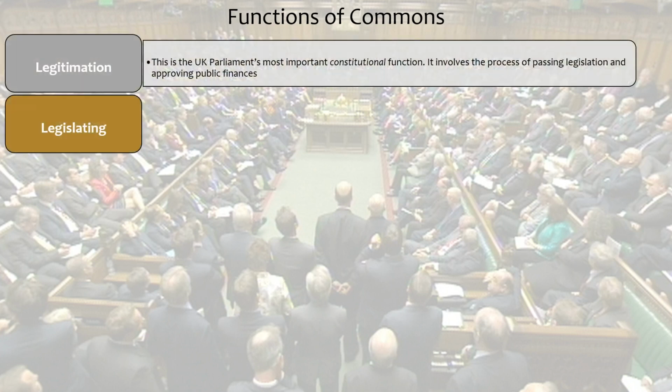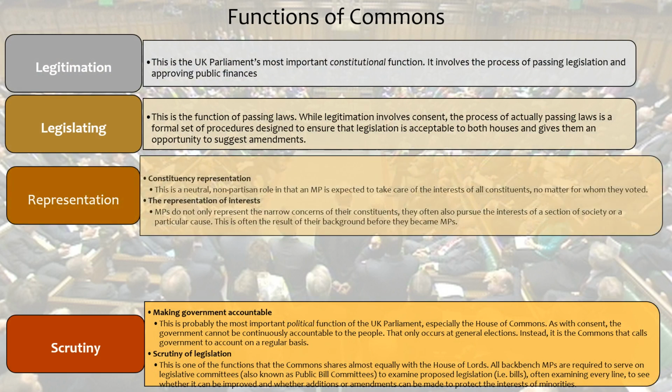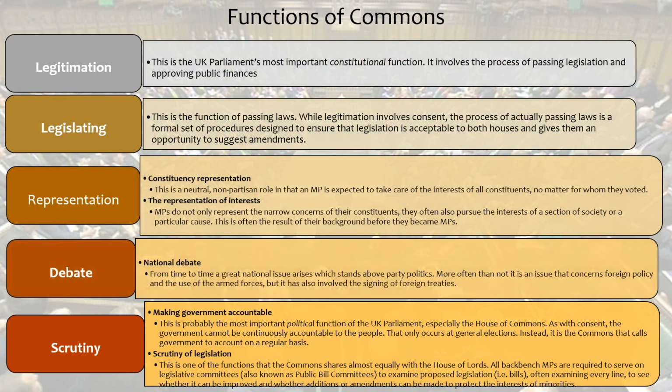For the Commons, you should have got these. Okay, so these would have fitted in to our definitions of legitimation, legislation, representation, debate, and scrutiny. And you can see within representation there are two types of representation referred to, and we're going to talk about these being social representation and these being political representation.